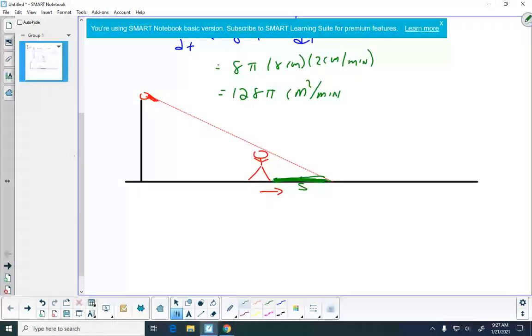We have a 15-foot tall pole that the light sits on top of. We have a 6-foot tall man, this is 6 foot tall.